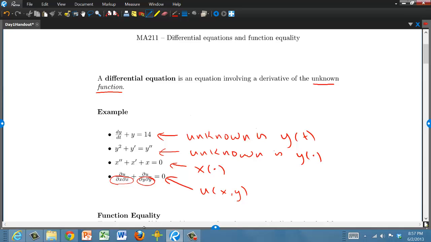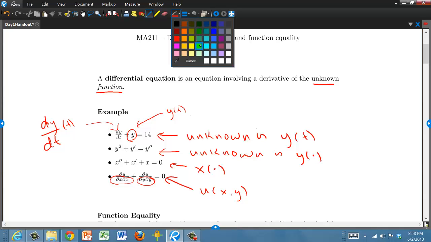Now, really, this symbol here, I should really write y of t, right? Because this thing is denoting a function, and it's a function of t. So it would be better if in the equation I wrote y of t here, and I should really be writing dy dt at the point t right there, but no one ever does that, so I'm not going to do it either.